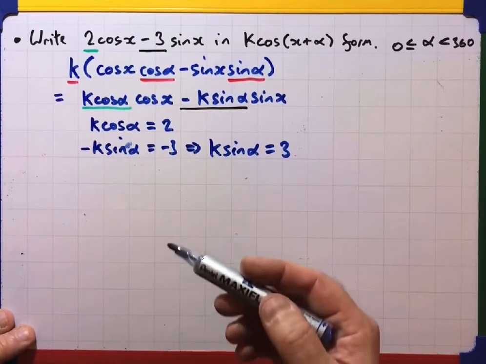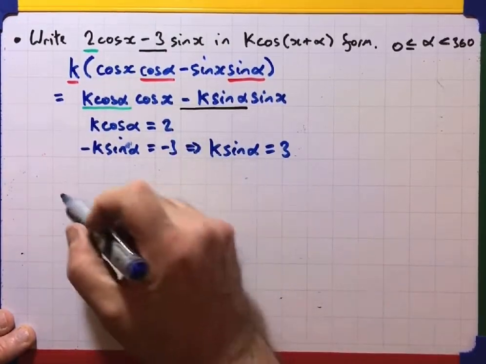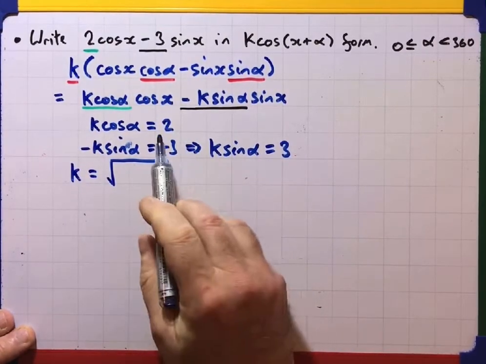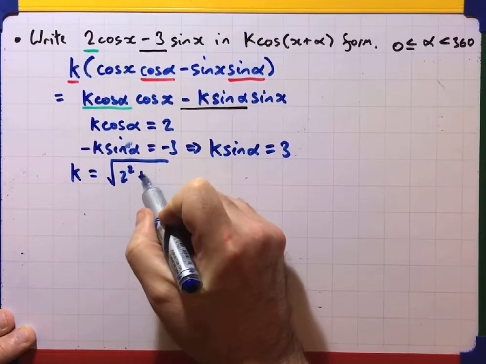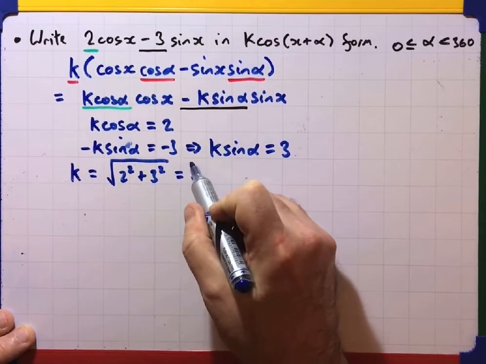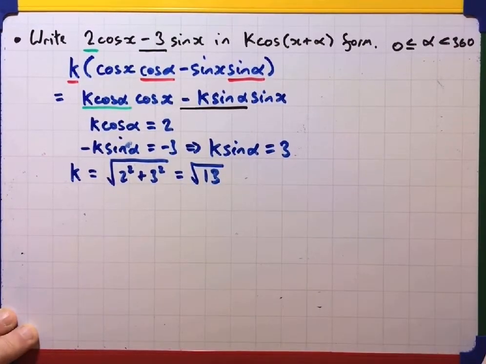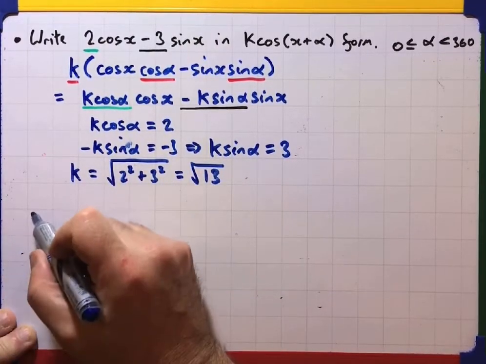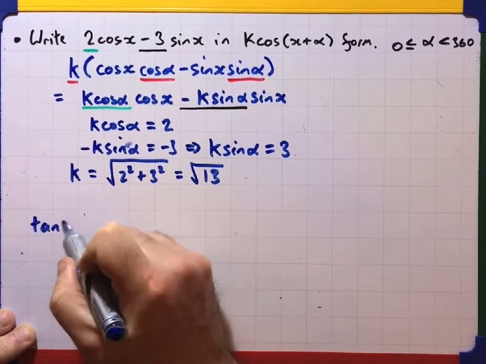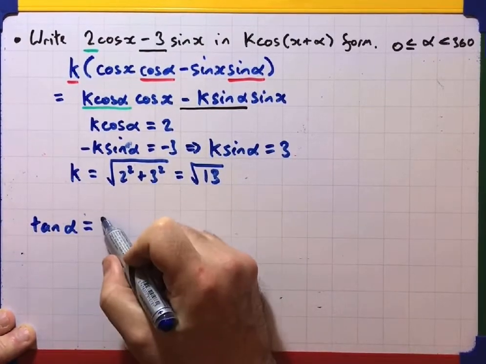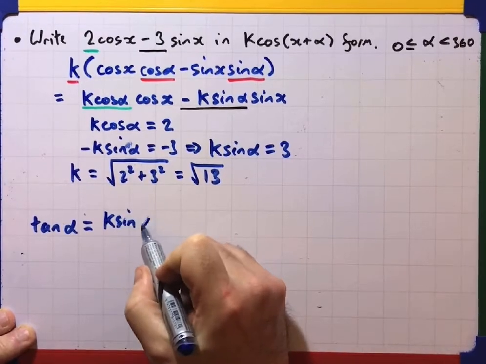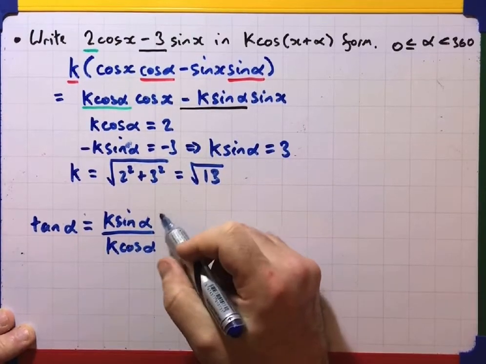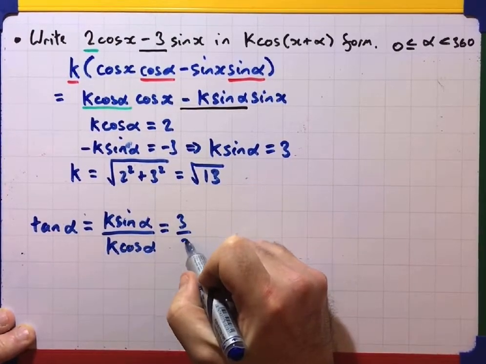Remember, we work out k by squaring and adding these two and taking the square root. So k is simply those two squared and added, which gives us root 13. And then remember, if we do sine divided by cos, tan alpha equals k sin alpha divided by k cos alpha, which in this case is 3 over 2.